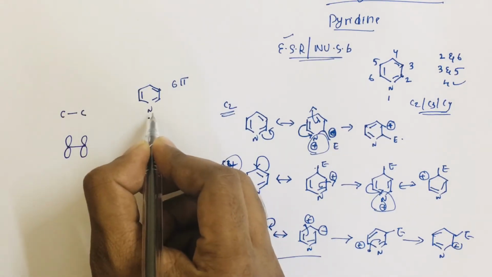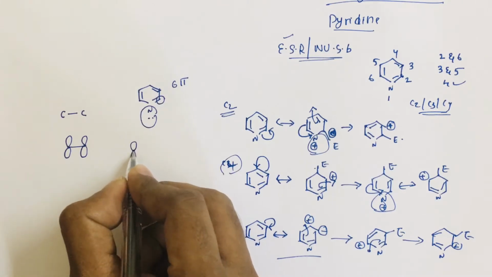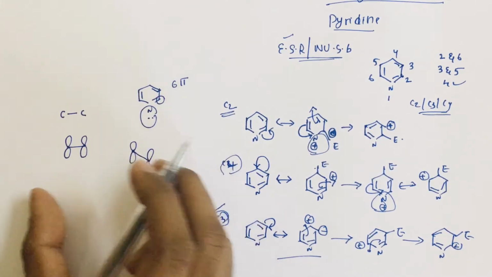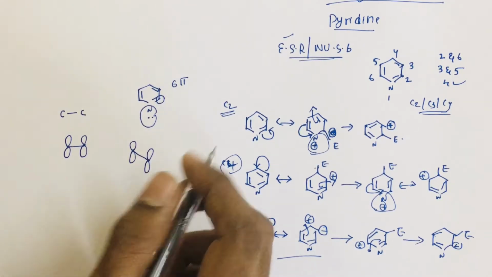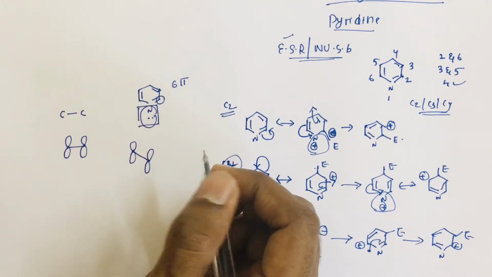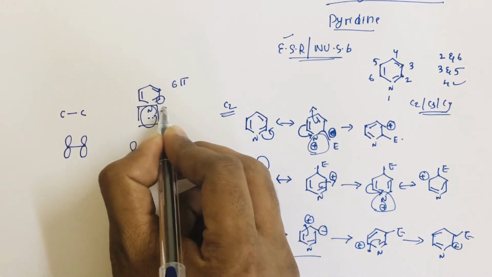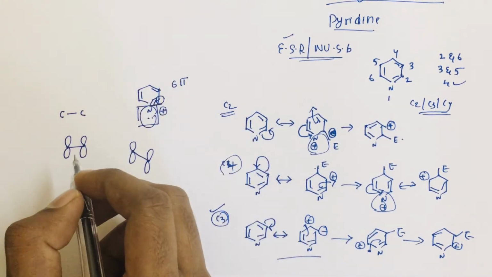But when we have one more electronegative atom and one less electronegative atom, what will happen? They will not be aligned. Because of that, most of the electron density resides on the nitrogen. So when we have a positive charge on this nitrogen, it further pulls the electron density from the ring.